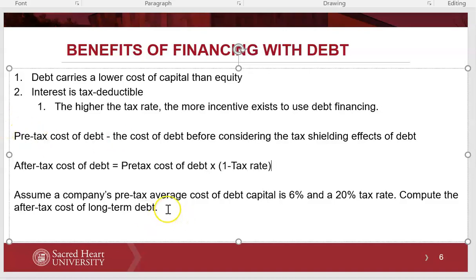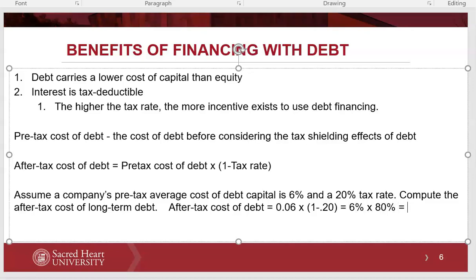So here's just a short example. Assume a company's pre-tax average cost of debt capital is 6%. They have a weighted average interest rate of about 6%, and the company has a 20% tax rate. What is the after-tax cost of the long-term debt? Well, that's going to be the 6% multiplied by 1 minus the tax rate, or 6% times 80%.